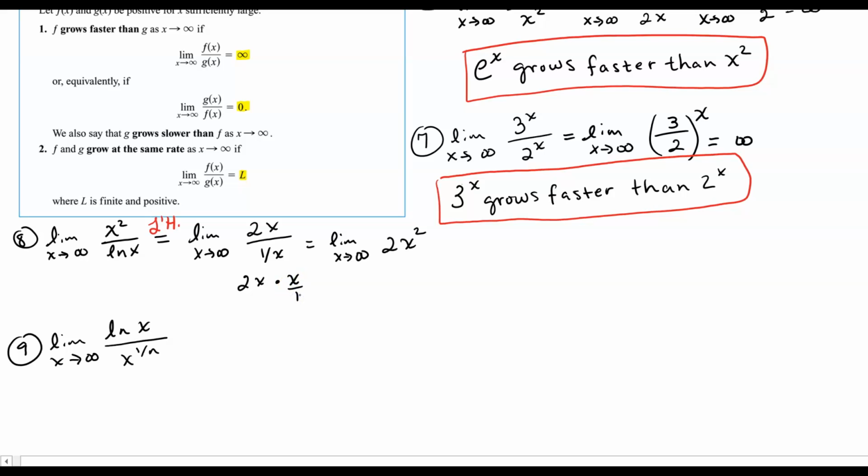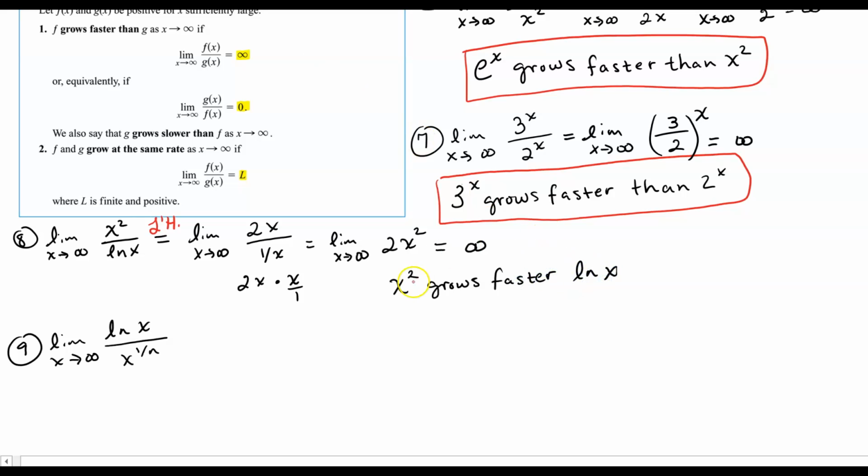Keep the first, flip the second, change the sign from division to multiplication. When you evaluate this limit, you end up getting, yet again, infinity. So it's pretty clear then that x squared grows faster than the natural log function.